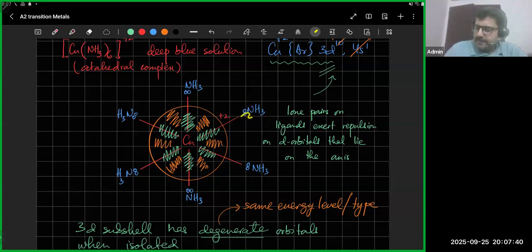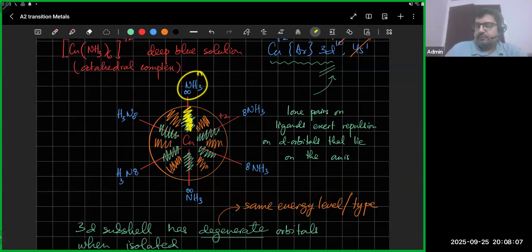But because there's a lone pair right next to this green d orbital, which is on the axis, it would be harder to keep electrons over there. The electrons in the d subshell will prefer areas between the axes. So if this NH3 approaches from the top, it's going to be harder to keep electrons in the d orbital which is on the axis.